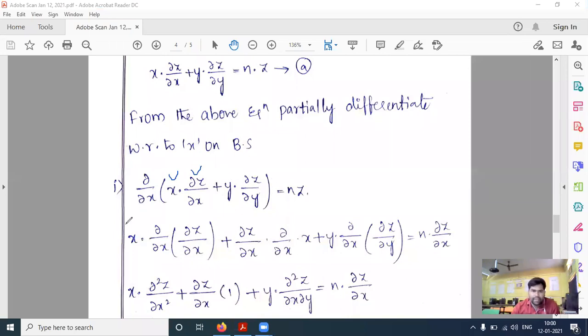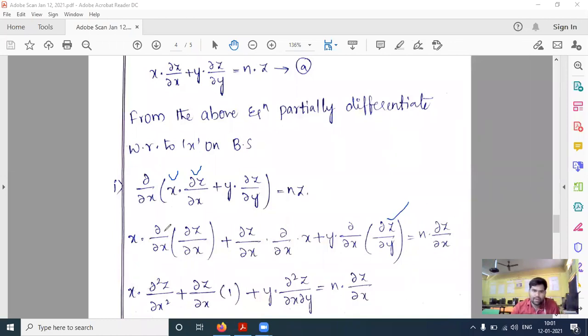See beta, so x into dou by dou x into dou z by dou x plus dou z by dou x into dou x by dou x, this one dou by dou x into x, plus here y is constant, dou by dou x into dou z by dou y, because z is a function of x, that is equal to n into dou z by dou x.